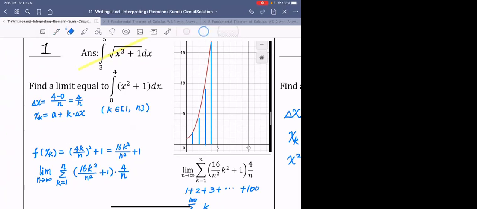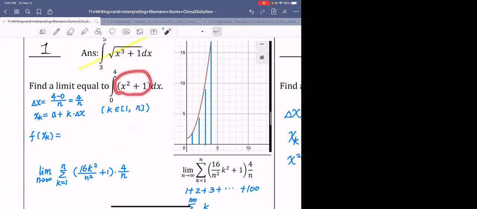And then we are going to express our f of xk. Here, this is a function. We are going to plug this into here. Let's continue. So change in x is equal to 4 over n. So xk is equal to 4k over n.